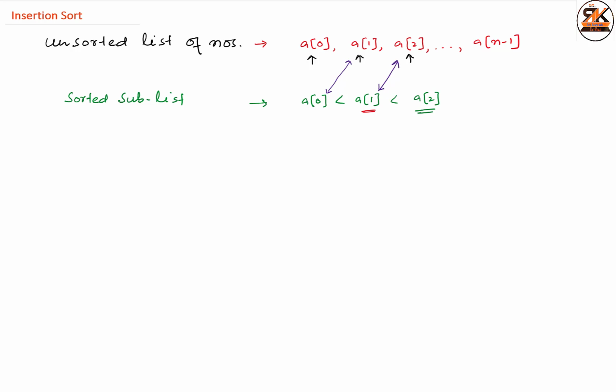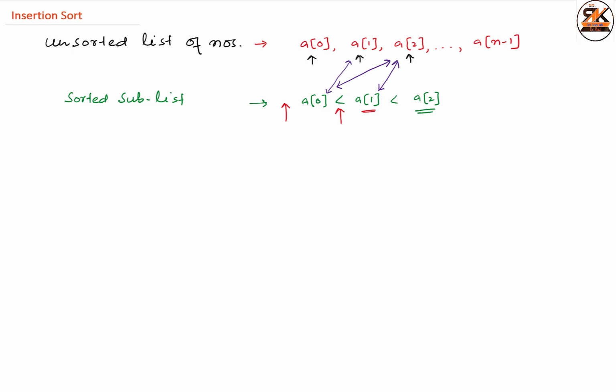If A2 is less than A1, then another comparison is made between A2 and A0. If A2 is greater than A0, then we will place A2 in between A0 and A1, and if A2 is less than A0, then A2 will be placed on the left side of A0.